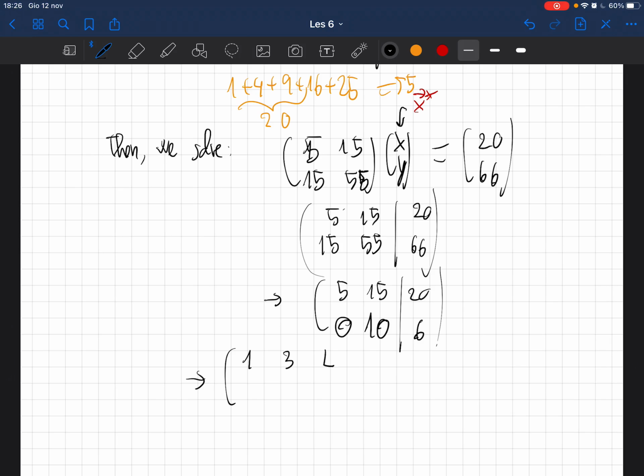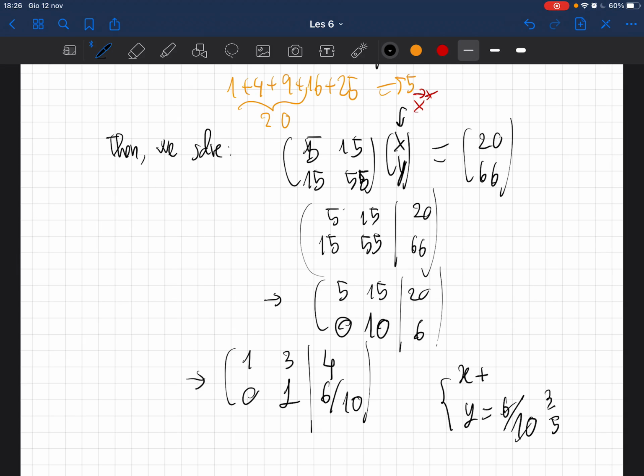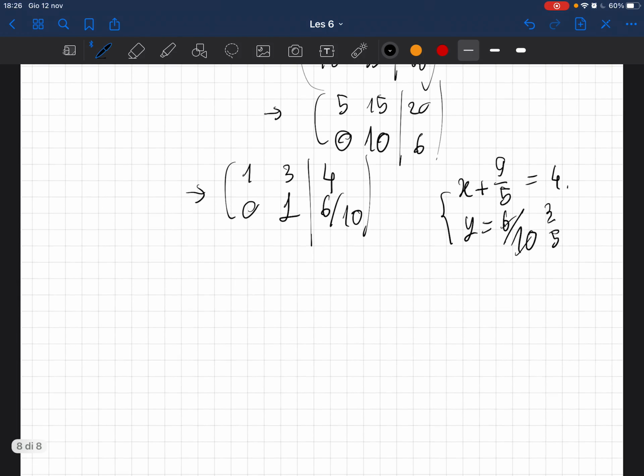It's 1, 3, 4, and this is 0, 1, 6 over 10. So y is 6 over 10. So it's x plus 3/5, 9/5 equal to 4.